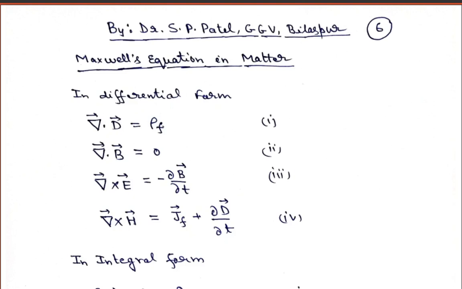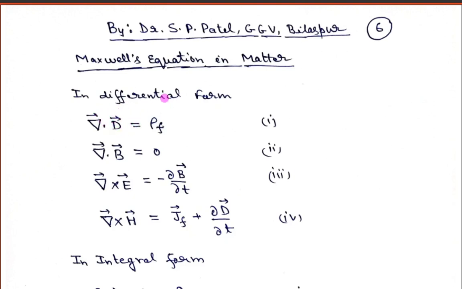Now if you write the Maxwell equations in matter, let us say some medium is there, as we have learned, electrostatic field in dielectric, that is in a medium, and then magnetic field in a medium, that is in matter. So the Maxwell equations in matter will be divergence of D, that is the displacement vector. Remember, here I am not writing capital E vector, I am writing capital D vector.